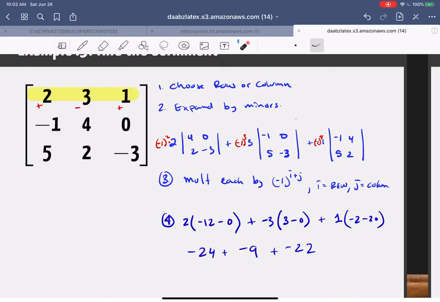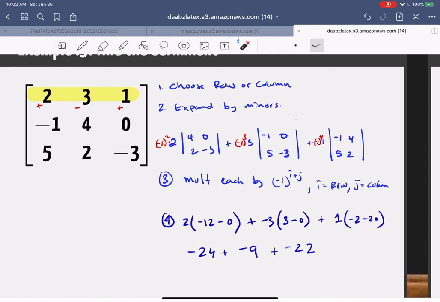Okay, so that's our talk on determinants. Might be fun just to try it.